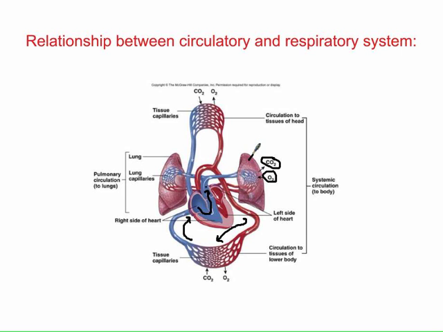So carbon dioxide leaves the lungs, oxygen comes into the lungs, and oxygen diffuses across the surface of the lungs and oxygenates the blood. That oxygenated blood then comes back to the heart and is sent by the contraction of the heart out to the rest of the body, whether that's to the upper part of the body or to the lower part of the body.